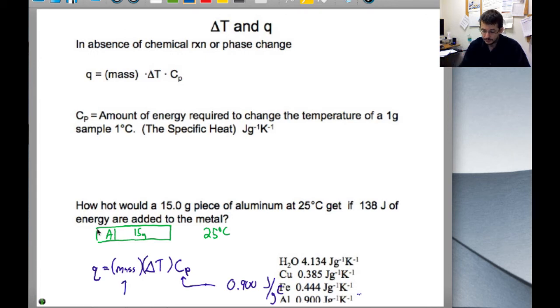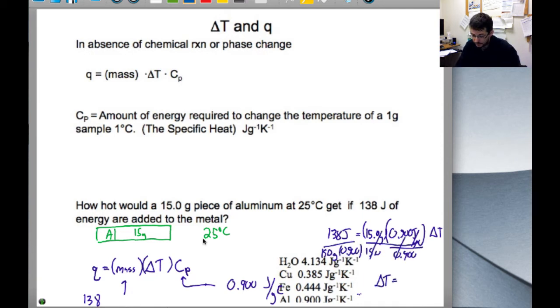So, if we know the mass of material and we plug in the heat, in this case 138 joules were added, we can figure out that, plug this in, 138 joules will equal 15 grams times 0.900 joules per gram degree centigrade, leaves us with a delta T. Rearranging and solving, change in temperature equal to 10.2 degrees.